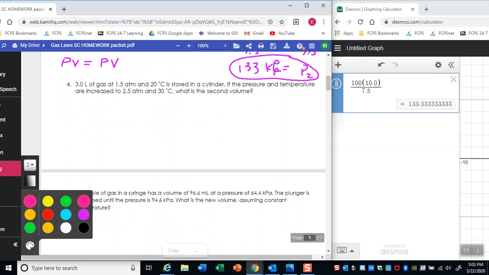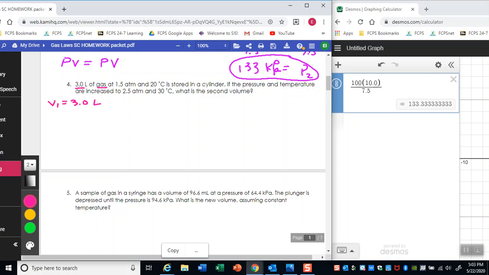So I've got 3 liters of gas. So my gas laws, I'm thinking gas laws, and I've got a volume. It's 3.0 liters. I've got a pressure, 1.5 atmospheres.